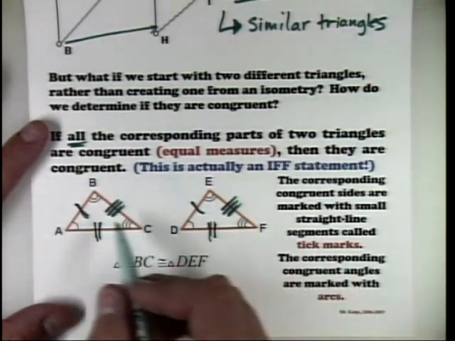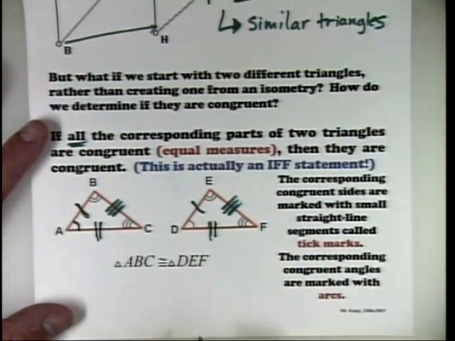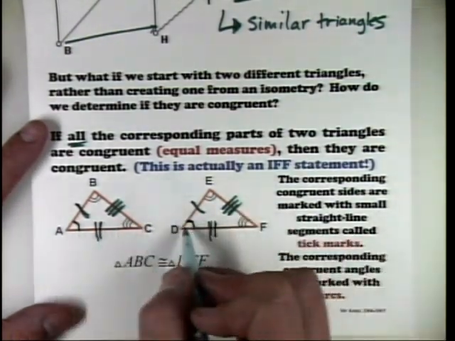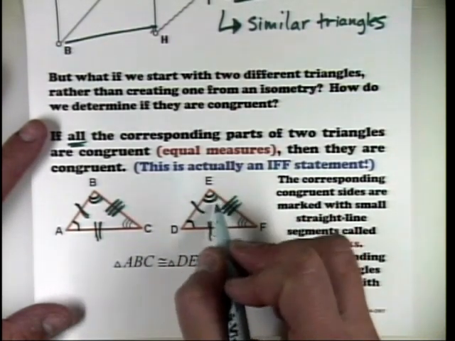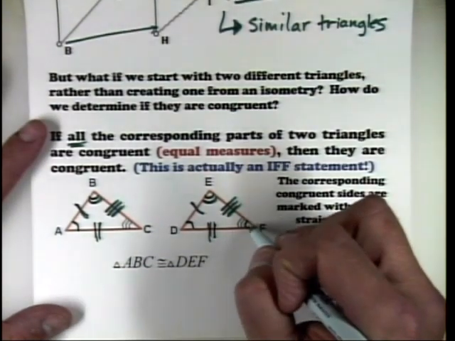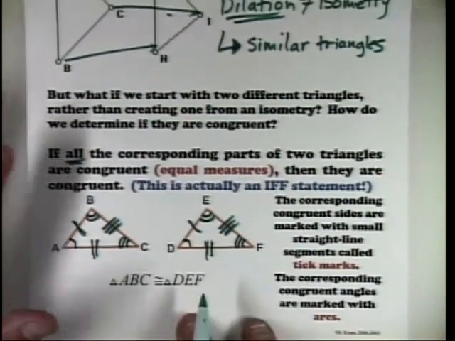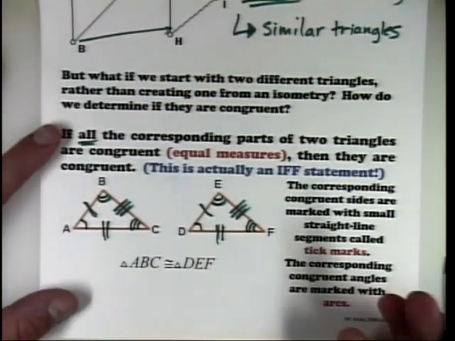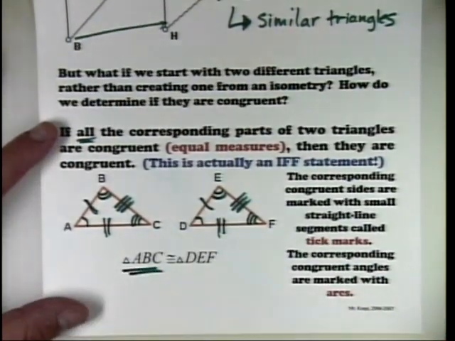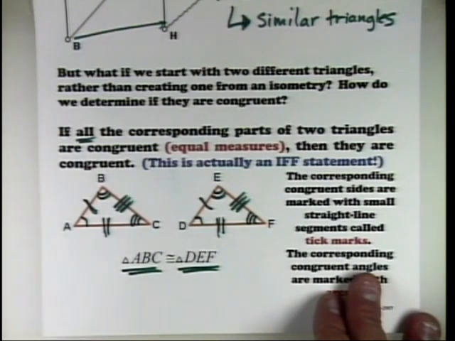Certainly then if we knew also that the angles, and instead of tick marks we draw little angled marks here, so if we knew angle A was congruent to angle D, and angle B was congruent to angle E, this time using double tick marks, and angle F was congruent to angle C, again using triple angle marks, then we would know that all 6 corresponding parts of these 2 triangles were congruent, so they have to be congruent triangles. So then we could say that triangle ABC is congruent to triangle DEF.